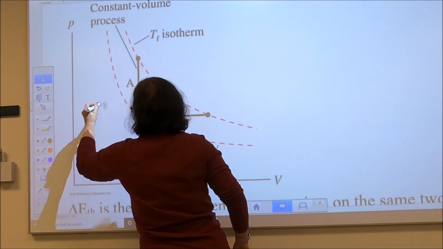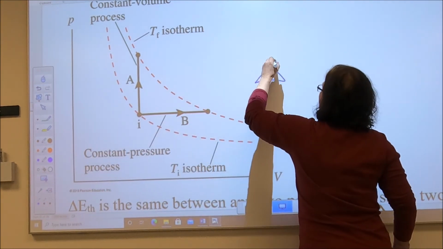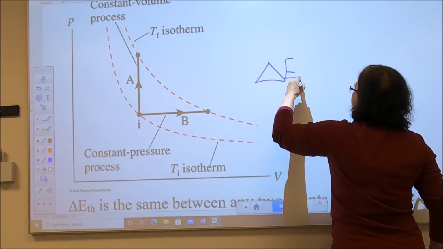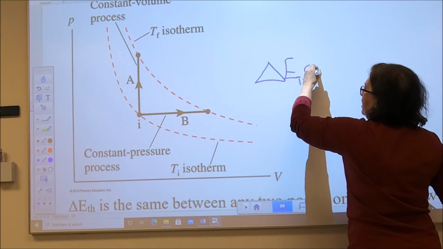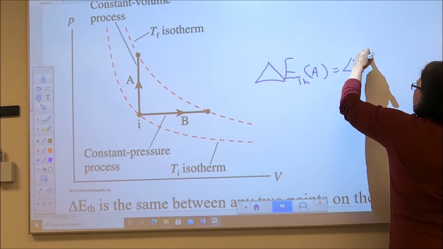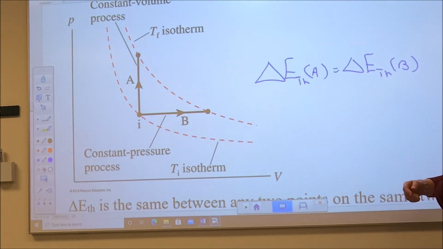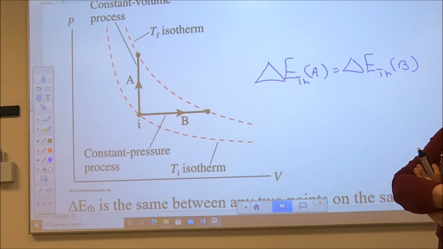So change in thermal energy for A is going to equal change in thermal energy for pathway B. But these two pathways are different. A is isochoric and B is isobaric.